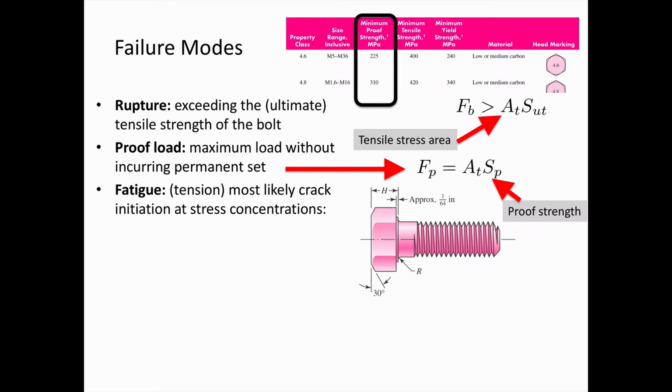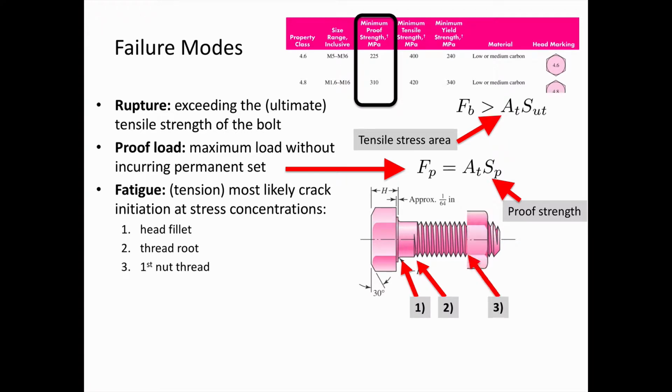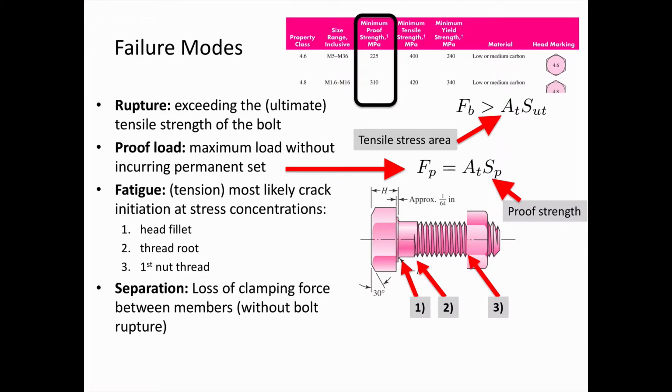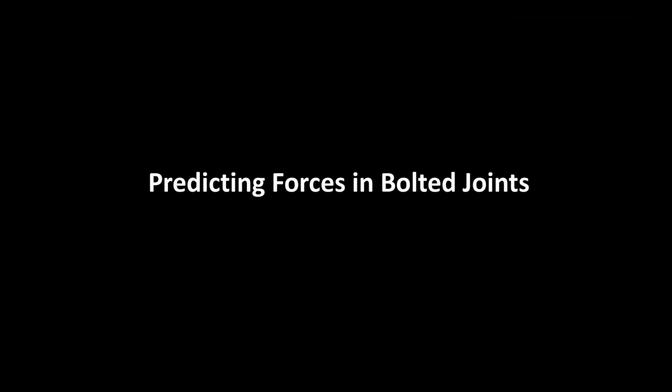Fatigue is another possible failure mode, considering especially that bolts are in tension. There are a few locations where crack initiation is more likely, including the head fillet, the first thread root, and then the first nut thread that takes the majority of the load. Another possible type of failure is separation, where we lose clamping force between members.